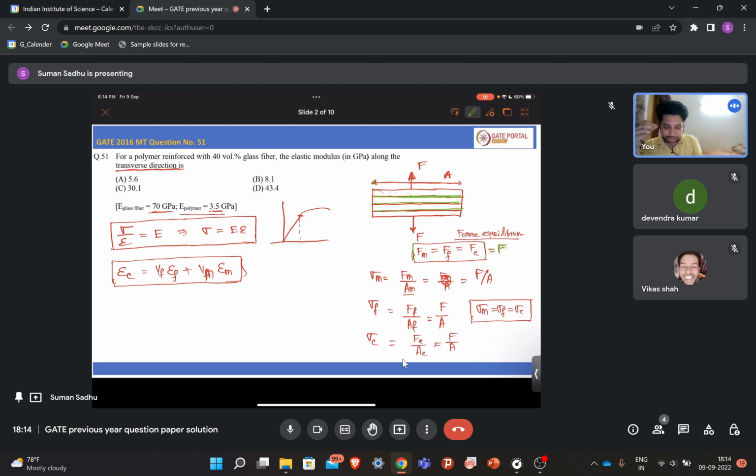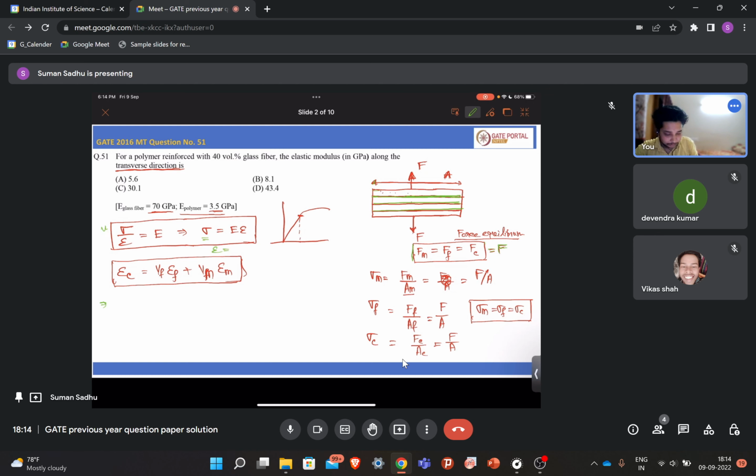So total strain you can write as volume fraction of the fiber into the strain in the fiber plus volume fraction of the matrix into the strain in the matrix.